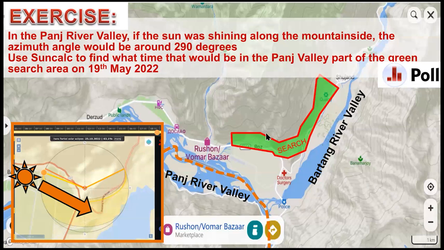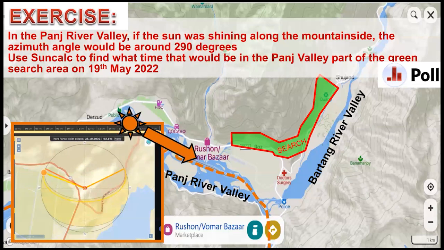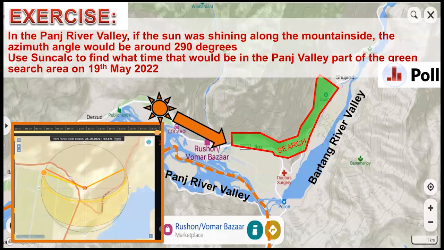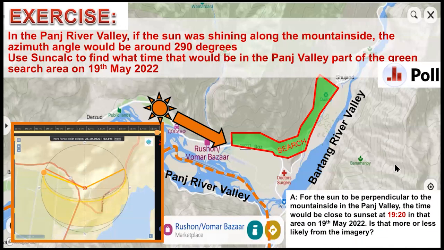Okay, so let's take a little look at this. It doesn't really matter which tool we use, but if we are on this mountainside in the Panj River Valley, then our azimuth angle is about 290. And that means that approximately when you go to Suncalc, the time turns out to be about 7:20.